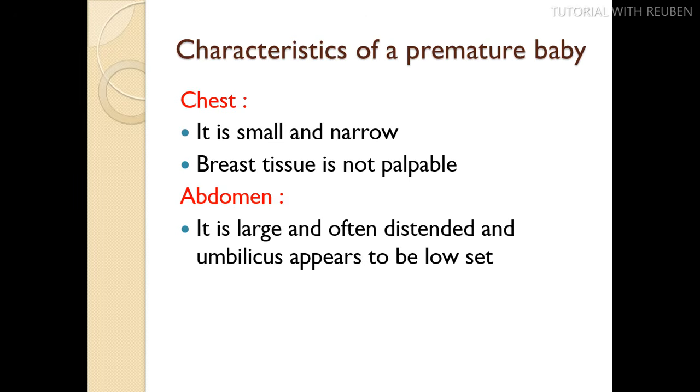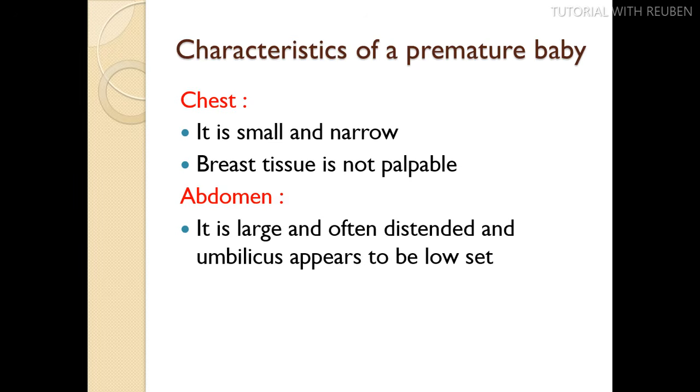Then from the chest, you move on to examine the abdomen. When you examine the abdomen, you're going to notice that this abdomen is large and distended, and the umbilicus appears to be low set, and on the umbilicus you are going to notice the Wharton's jelly is there.